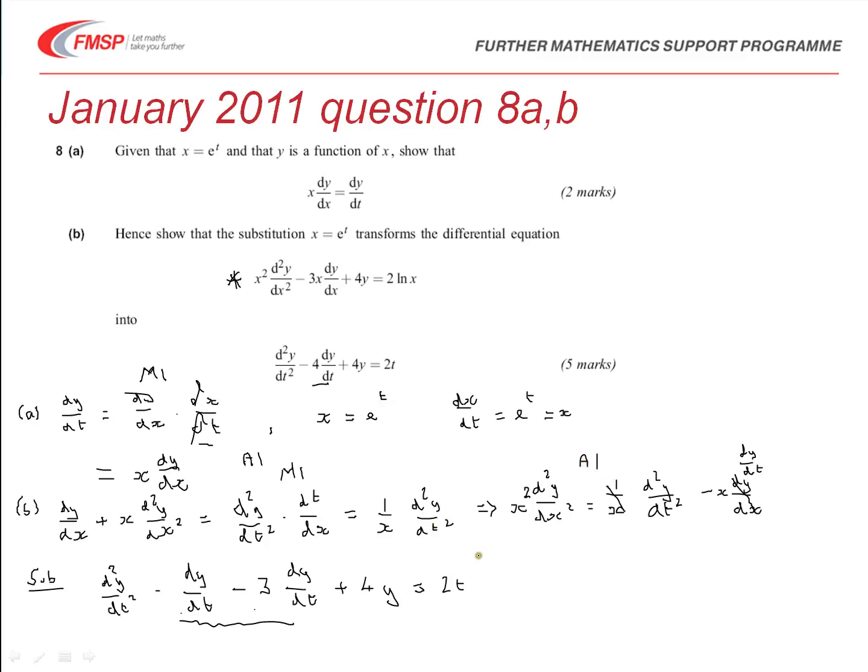Then the substitution will give you a mark, a method mark. And then finally, for obtaining the simplified version at the end, which I didn't actually write, that would give you 1 mark. Now, I've missed 1 mark out somewhere along the line there. Yeah, it's using the product rule to work this piece out. When you expand that, you'll get a mark in there for that method. Okay, to give you 5 marks.